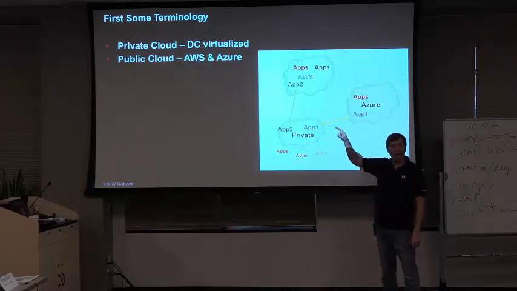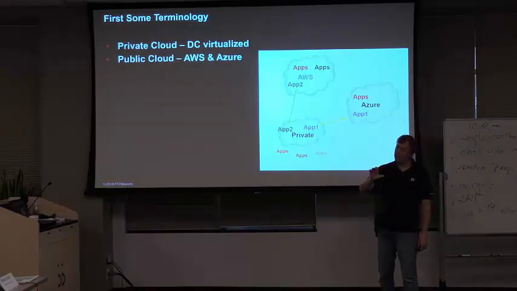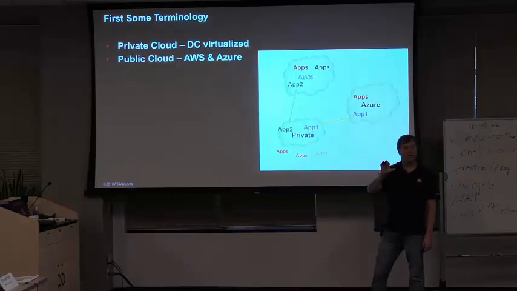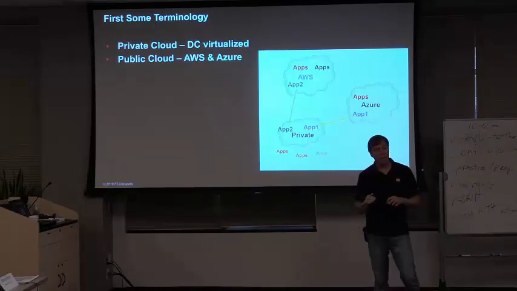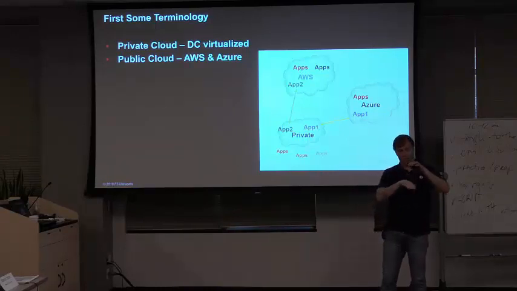Public cloud, or the AWS and Azures of the world, is where you're paying somebody basically to run your applications on their hardware, right? And they're able to make money on that. That's the thing that has changed drastically over the last X number of years. They're making money because they can do the same thing, virtualization, but have that hardware be used pretty efficiently.